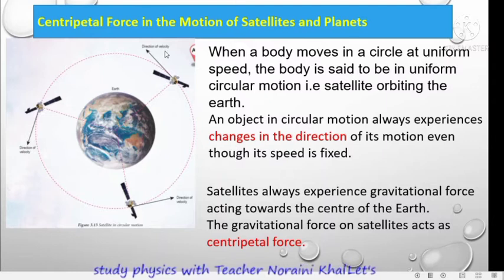To maintain circular motion, there must be a force acting on the object. Its speed is constant, but the direction is changing, thus the velocity changes. Satellites always experience gravitational force acting towards the center of the Earth. Gravitational force on the satellite acts as centripetal force.